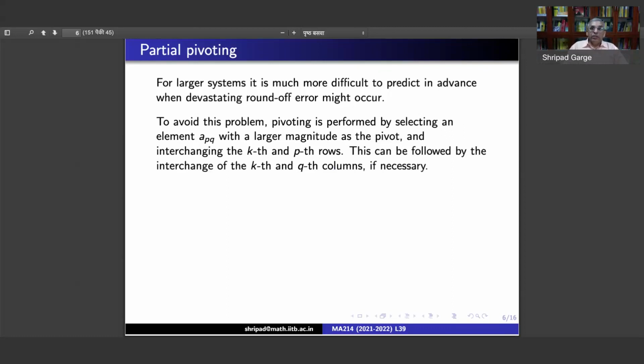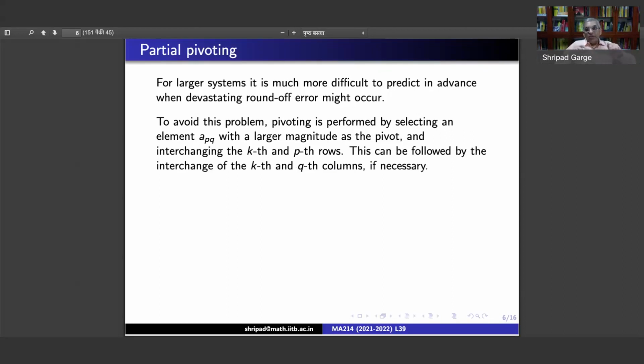But remember that when you are interchanging the kth and qth columns, you will have to change the variables also. So that is something which has to be done slightly carefully. So far, what we have done is only the row operations. We have not touched upon columns. We have not interchanged columns.